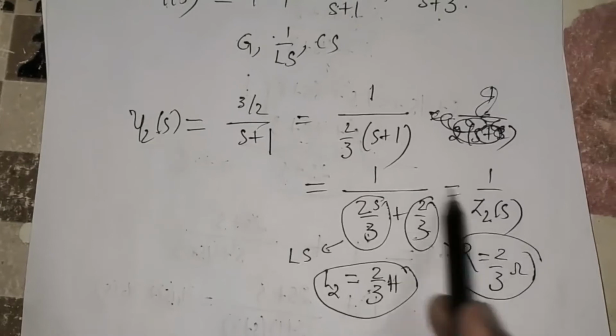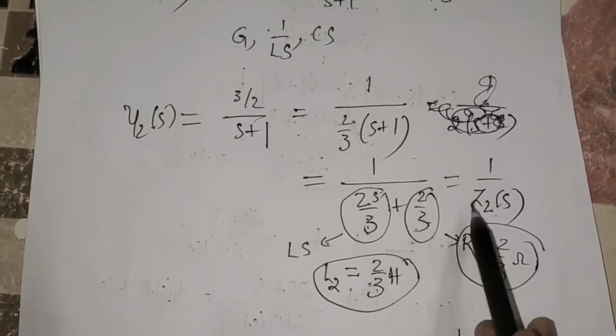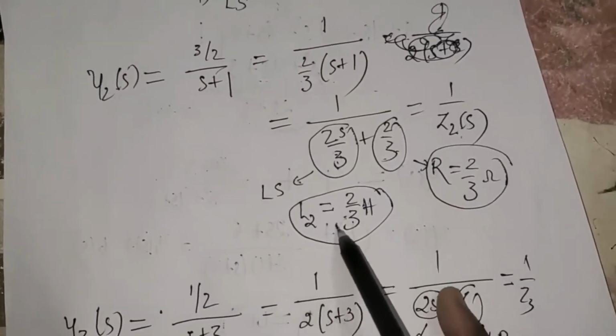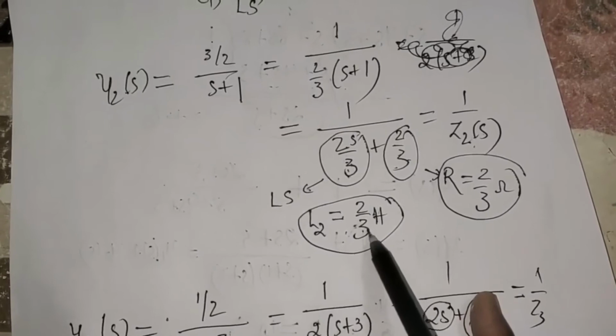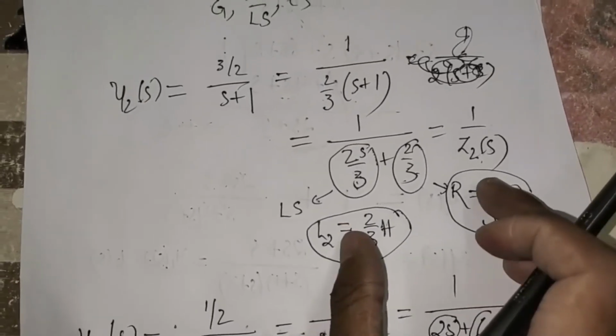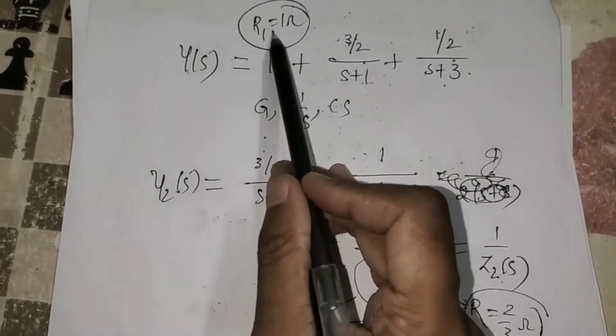Y2 we have represented as 1 by z, so since impedances are being added, these two should be in series. That means the 2 by 3 henry and 2 by 3 ohms must be in series, but this series combination must be in parallel with the previous resistor.